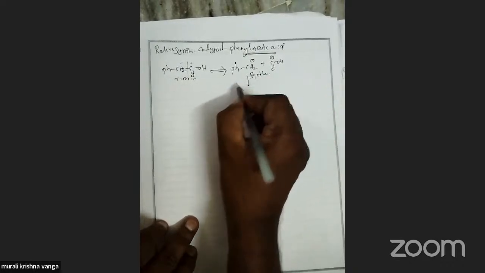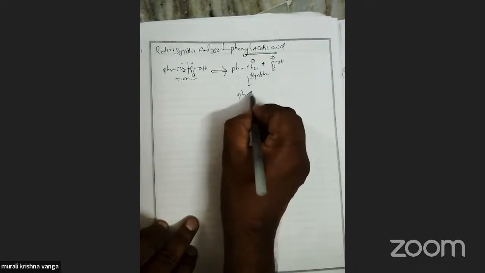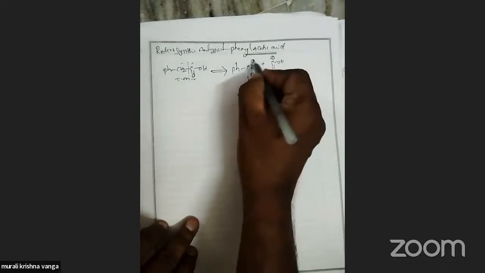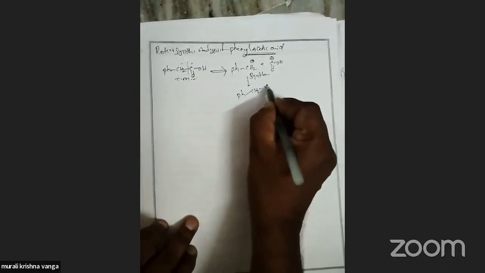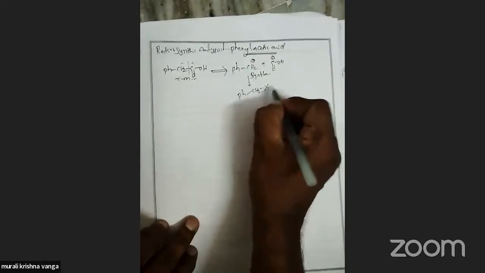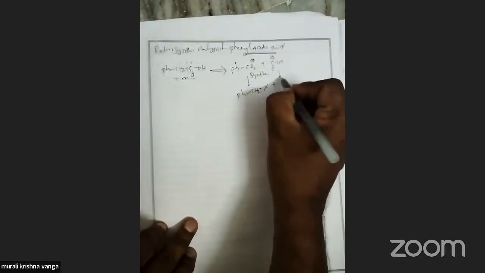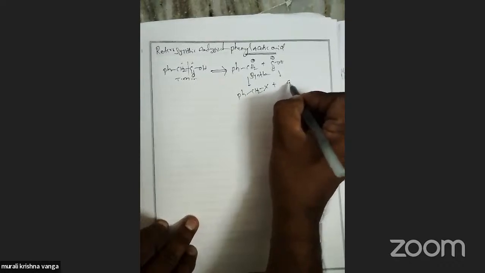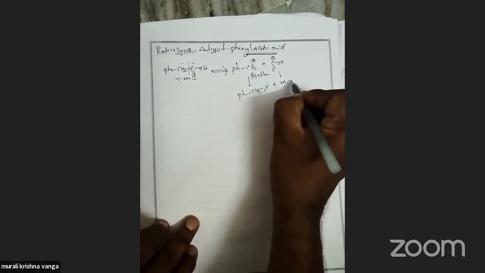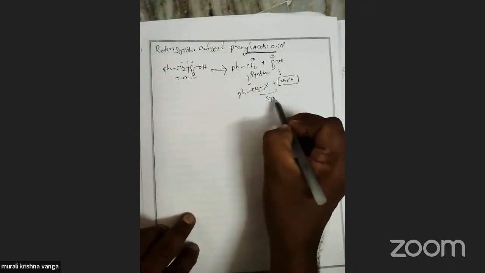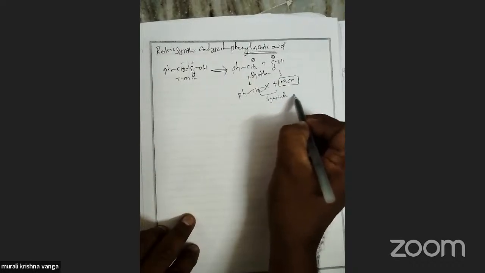The synthetic equivalent for the negative part is cyanide, NaCN, and for the positive part is benzyl halide. These are the synthetic equivalents.